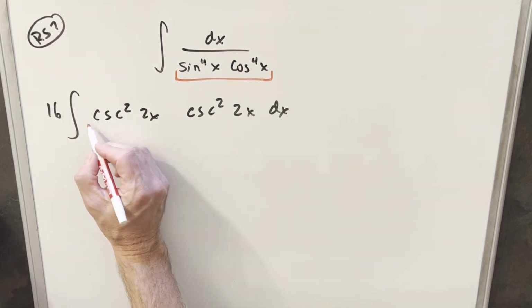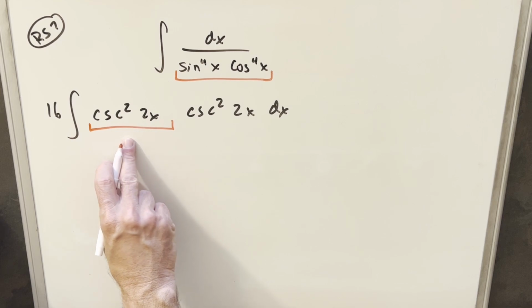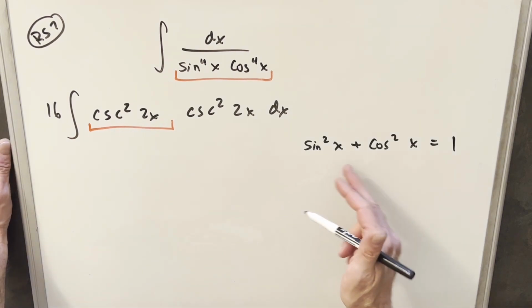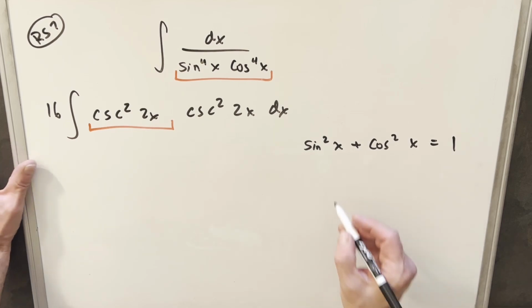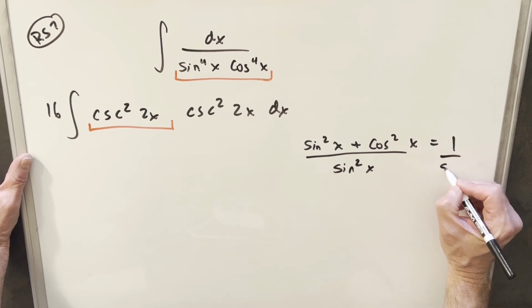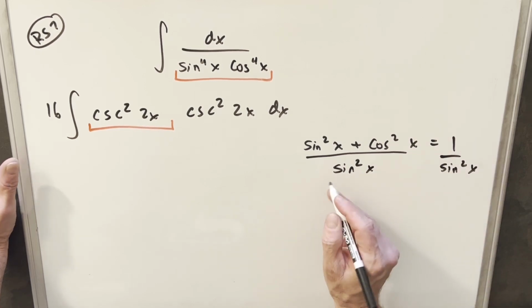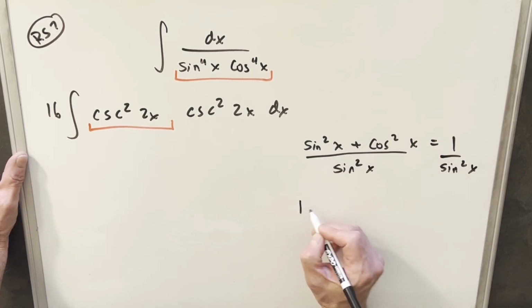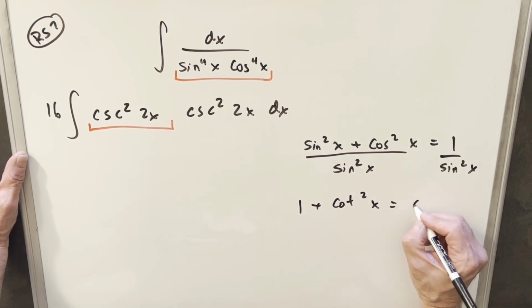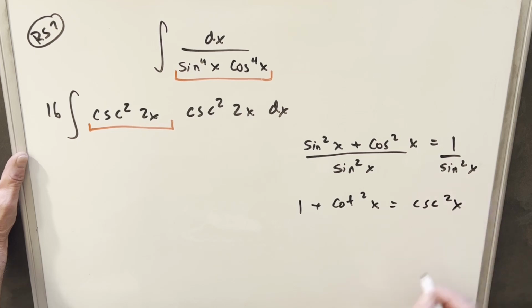Okay, now next I'm going to use an identity to transform this to try to set up a u substitution. We're all familiar with this identity, sine squared plus cosine squared equals 1. Now if I just divide by sine squared on both sides, we're going to have 1 plus cotangent squared x equals cosecant squared x.